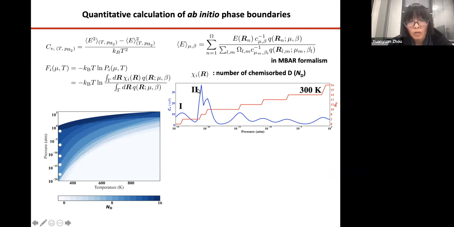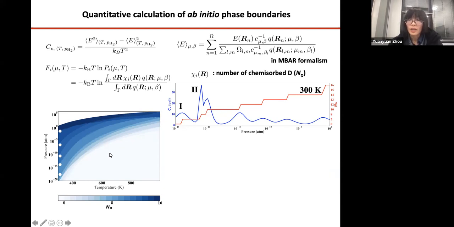I will only explain the first two, others follow similar analysis. For the first peak, the corresponding phase transition is from the pristine phase to the ND equal to 2 phase. And for the second peak, it's from the 2 adsorbed deuterium phase to the 8 adsorbed deuterium phase.